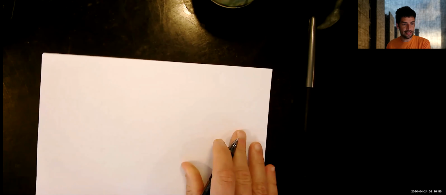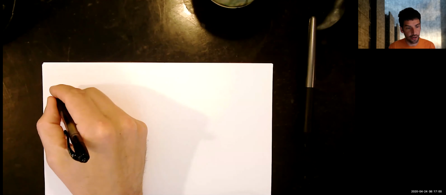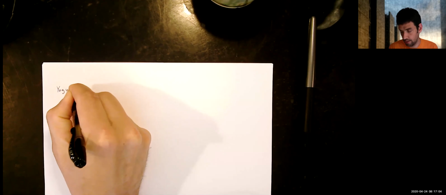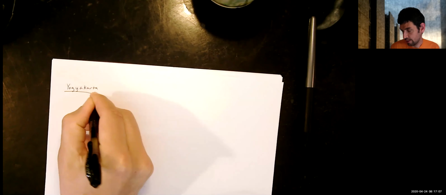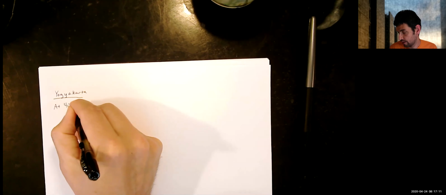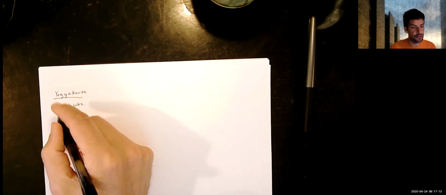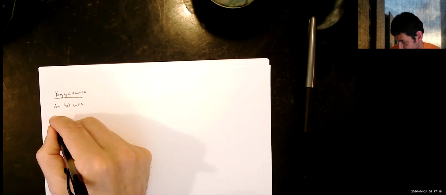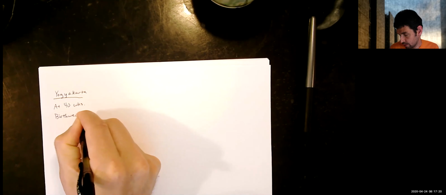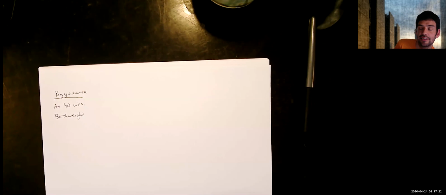All right, so in this town, let's suppose, in this town of Yogyakarta, at 40 weeks, the average birth weight, and this is going to be sample data because it's a study where I forget the numbers.